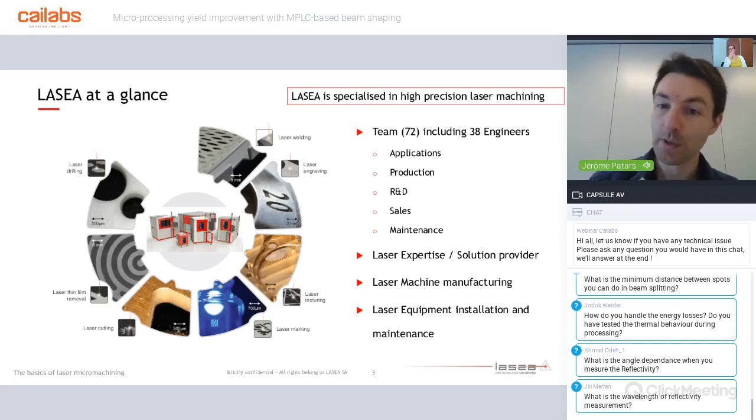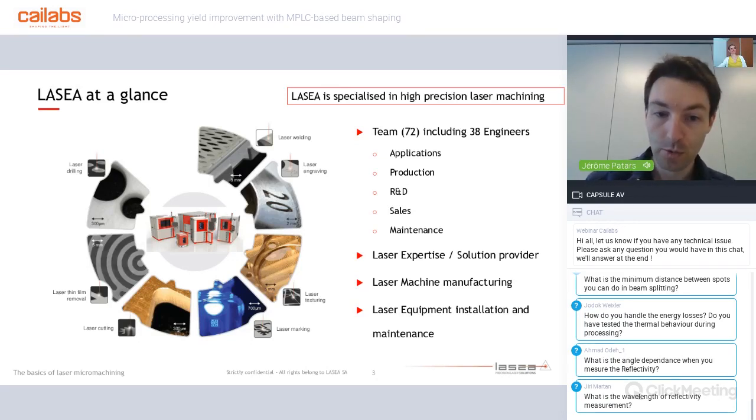We can also do laser marking on different materials, such as metals, ceramics, and also glass. In glass, we can even mark the surface of the glass as well as inside of the volume directly.